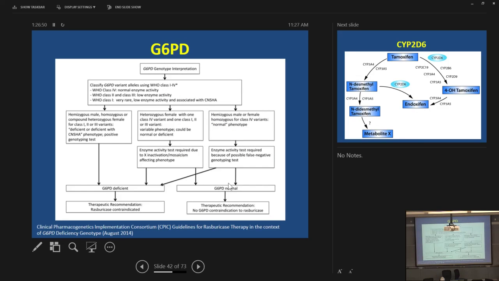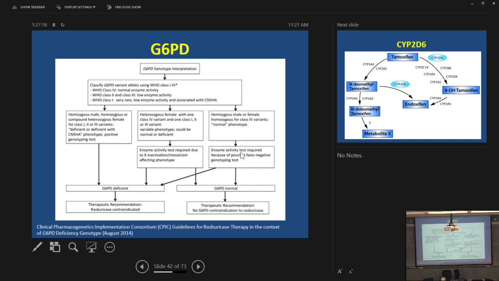Okay. All right. So there are CPIC guidelines for rasburicase in patients who are G6P deficient. Essentially, we don't always test our patients, but if you did test them and they were deficient with G6P, whether they were homozygous or heterozygous deficient, you would not recommend using rasburicase.